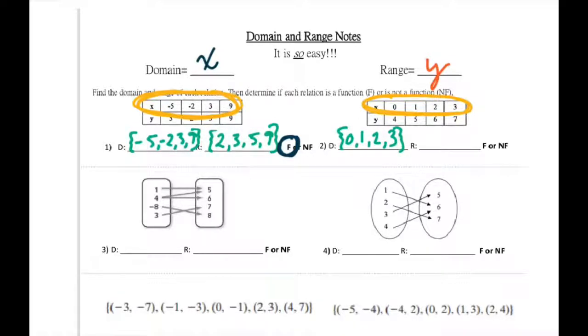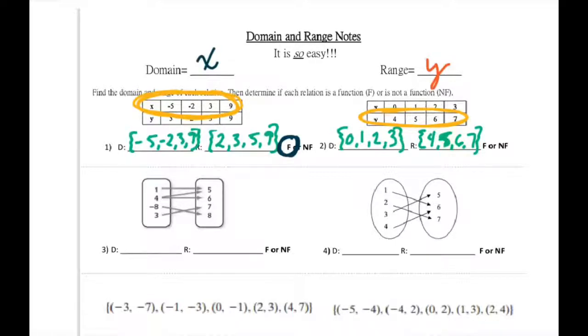Range is my Y values, so my range is the numbers 4, 5, 6, and 7. The hardest part about this page is drawing these little squiggly lines. Everything else is so easy. Domain is the list of your X's. Range is the list of my Y's. This is a 5, it's just very ugly.